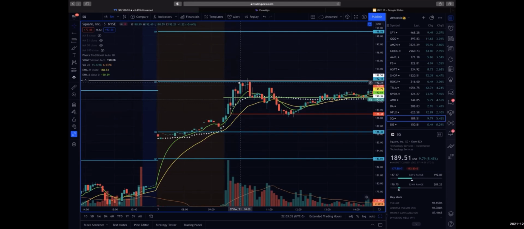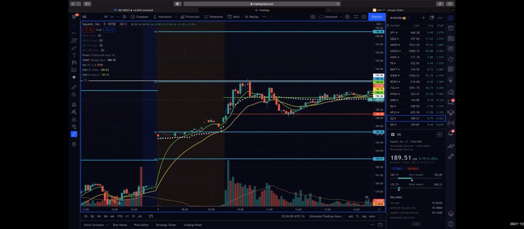Let's just say it was 0.5, so you make $50 per dollar it goes up. So $100 a contract could have been this trade right here, just this simple trade. If you get in 10 of those, you got $1,000. You get in 20, you got $2,000. You know what I mean? So that's how I like to see options.